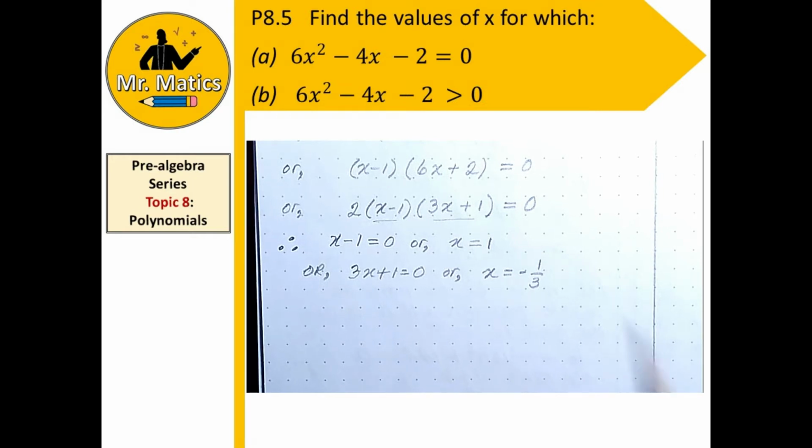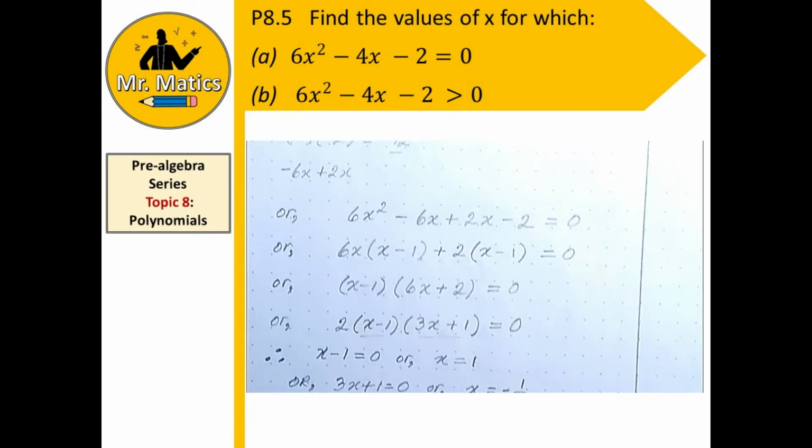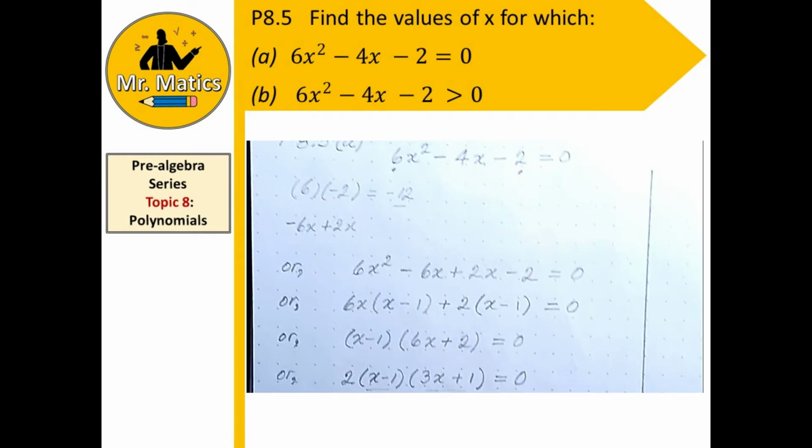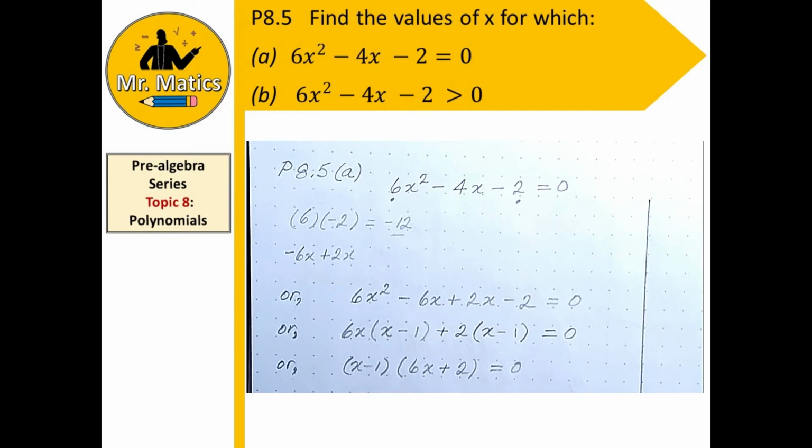So x equals 1 and x equals minus 1/3, these are the two solutions, which means that if you put x equals 1 and x equals minus 1/3, you should get 0.